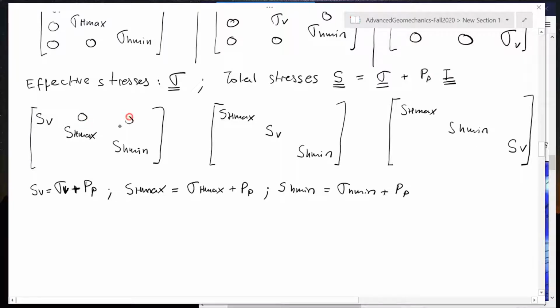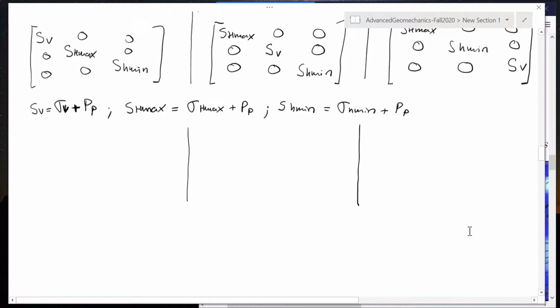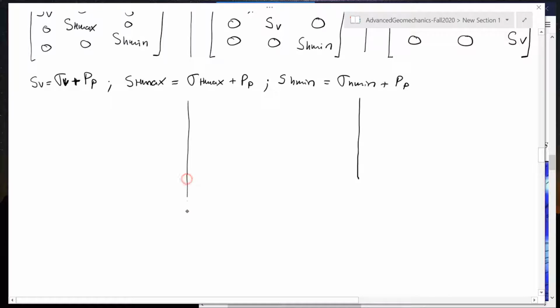Let me complete the zeros over here, and we'll see that. All right, so let me continue these lines over here. Remember, normal faulting we have on the left, strike slip in the middle, and reverse on the right. In a normal faulting site, what you would expect is what is called a normal fault.